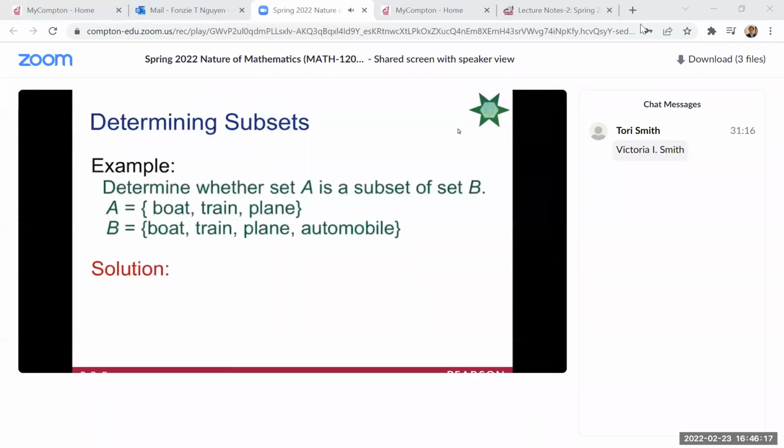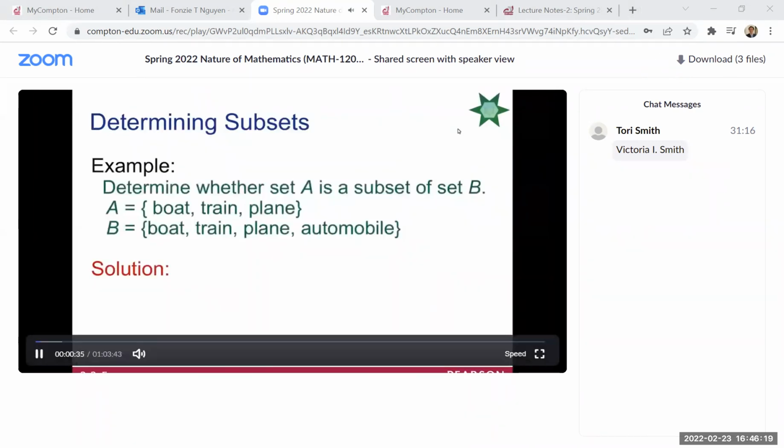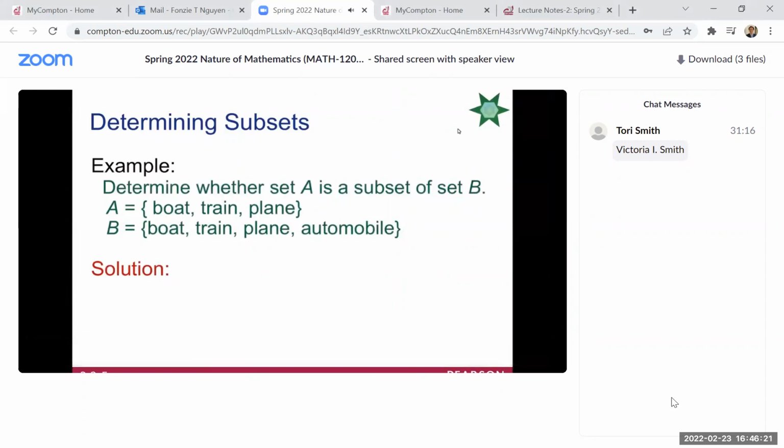Okay, so determining subsets. Here they give us an example. Determine whether set A is a subset of set B. What do you think? Is it a subset or not a subset? I would still say it is. And I think you are right, because you guys agree that all of these elements are inside of set B?